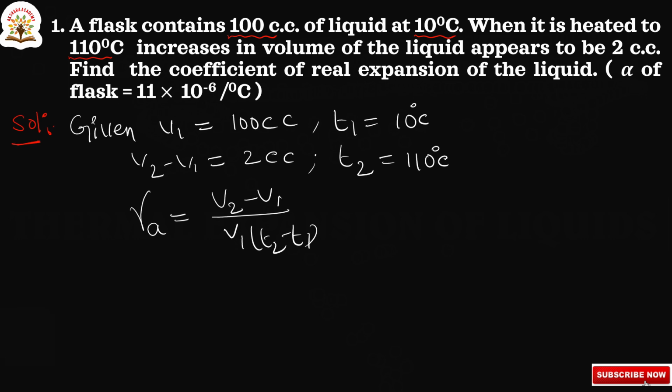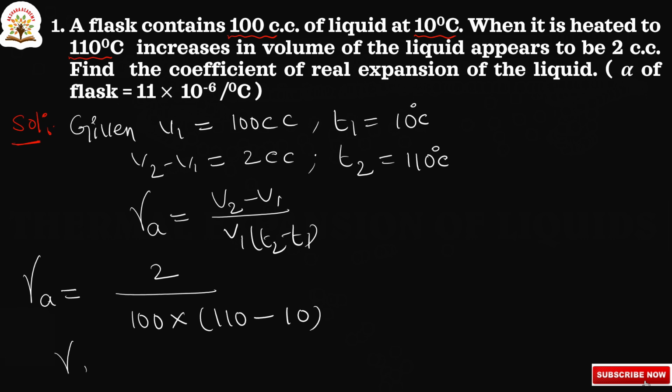Now substituting values, gamma A is equal to V2 minus V1, which is 2, and V1 is 100, into T2 minus T1, 110 minus 10, which is 100.